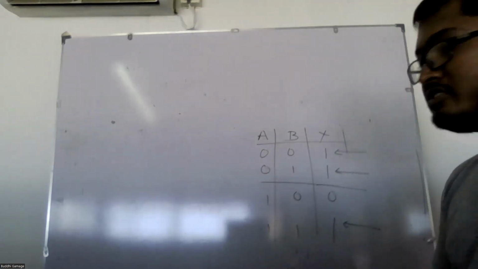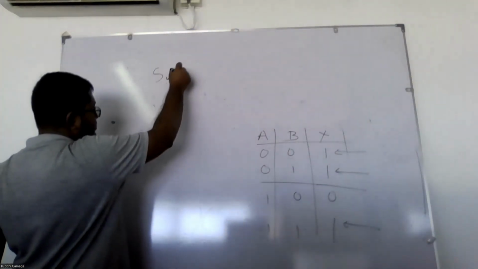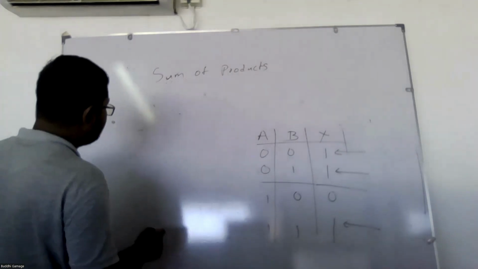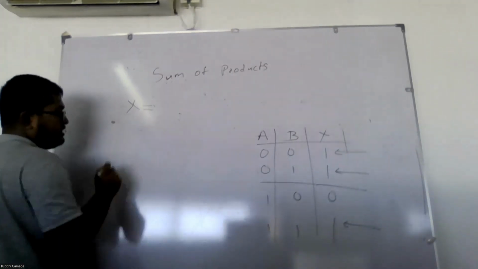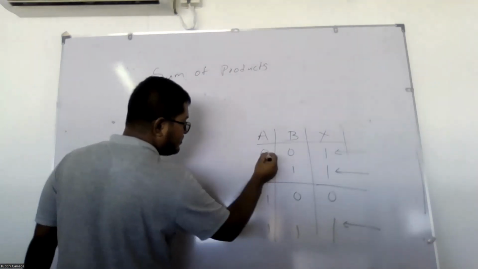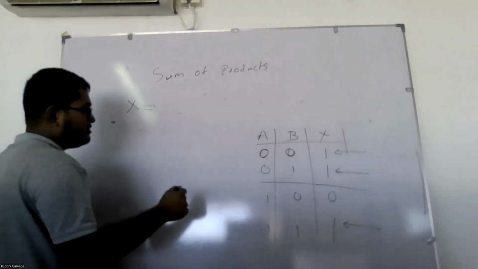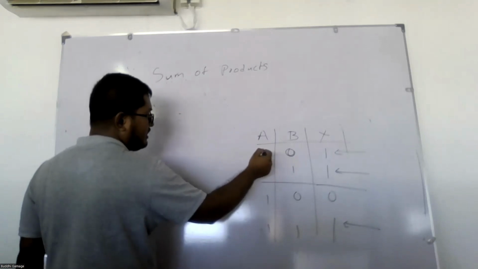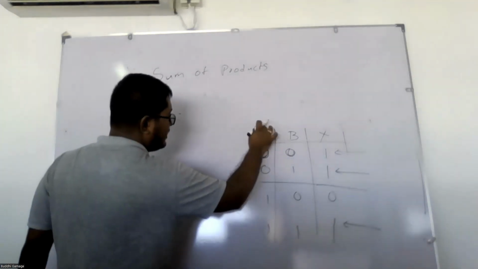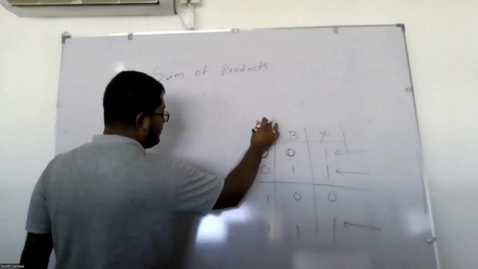So using sum of products, we can derive the expression. Here, if this value is 0, we need to get the opposite one. So how can we get this value true? By using the NOT gate, the bar operator.